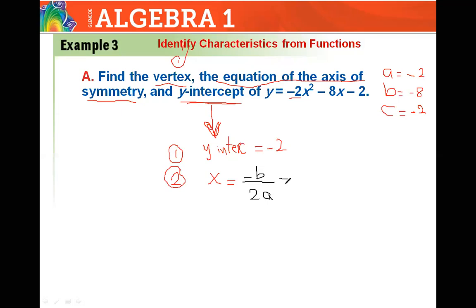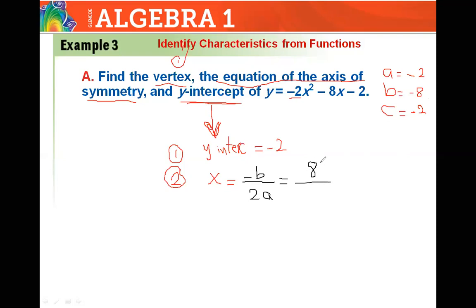Okay, can you substitute? Negative b over 2a. B equals negative 8, so negative b will be only 8, because negative becomes positive.